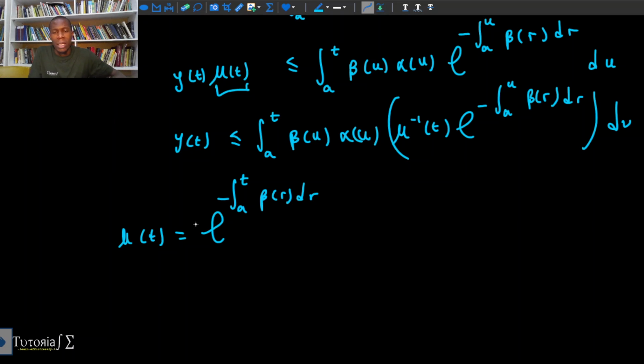So the inverse will just be multiplying the power by a negative, and this will just be positive. So the inverse of mu is just that. So now multiplying that by this, so we have same bases here. So we see that the powers will add.